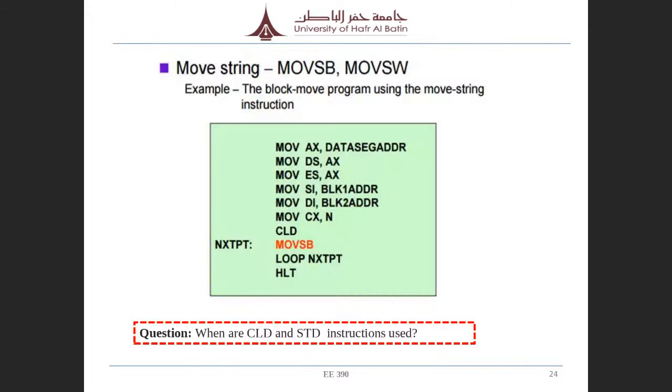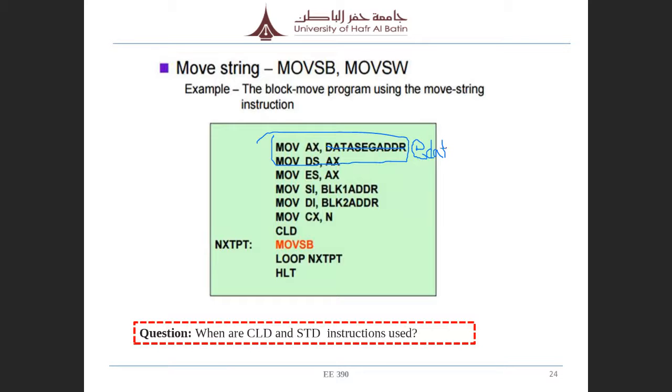Okay, let's see an example. Can you remember the simple program we used to copy a few data from one memory location to another memory location? These two lines initialize the data segment, the same as using @data, for example.